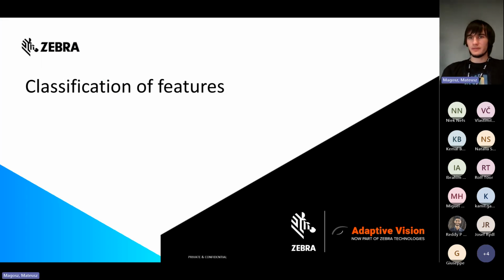Okay, so the next deep learning model we will be focusing on is feature detection. As the name suggests, it's not only for detecting defects, but also features.